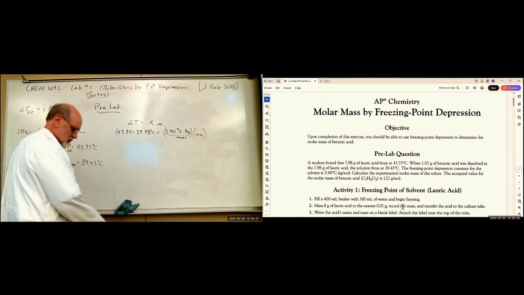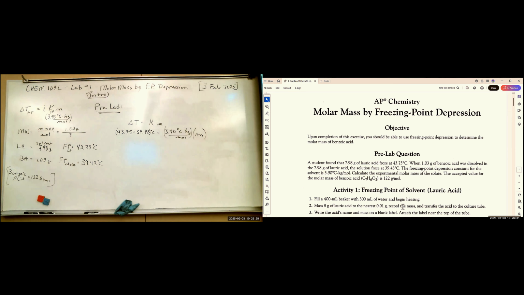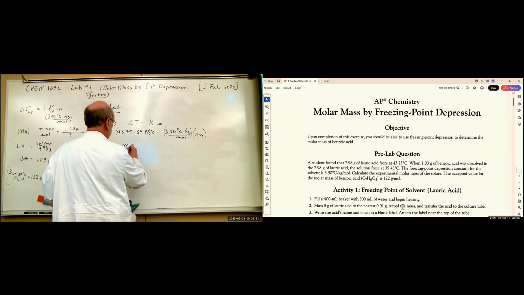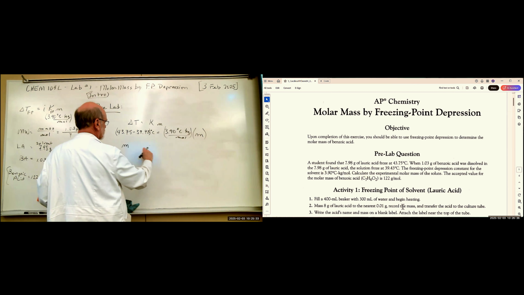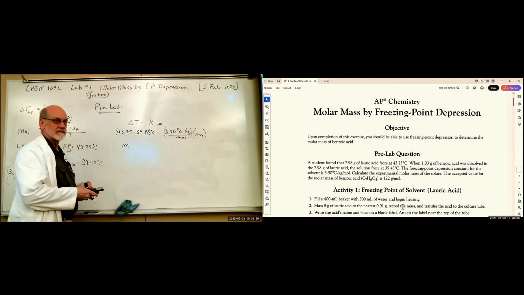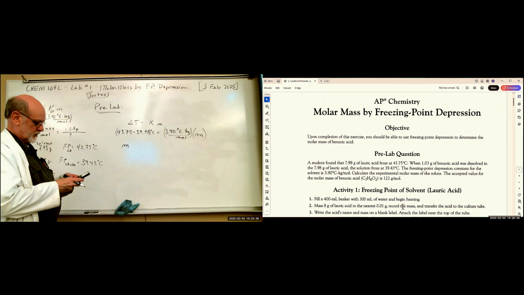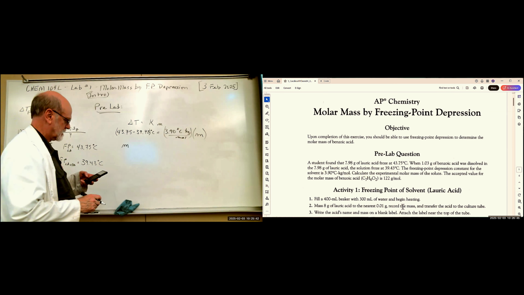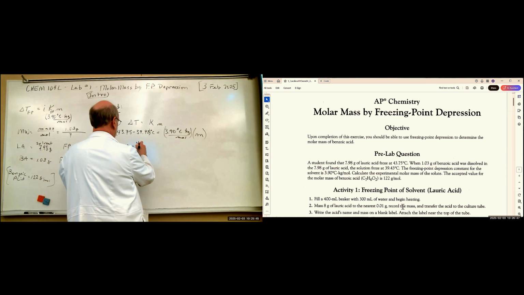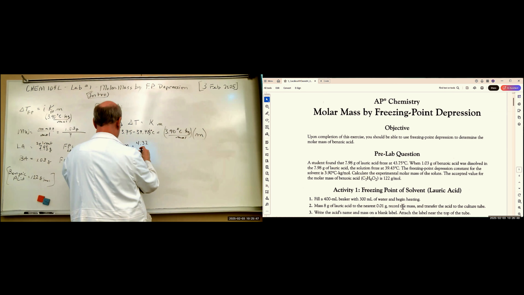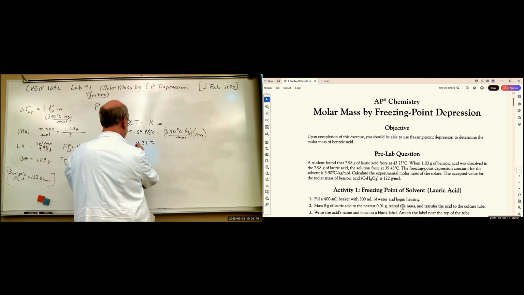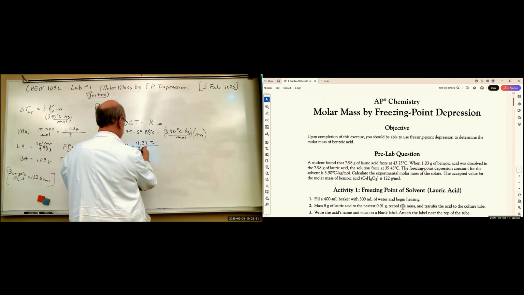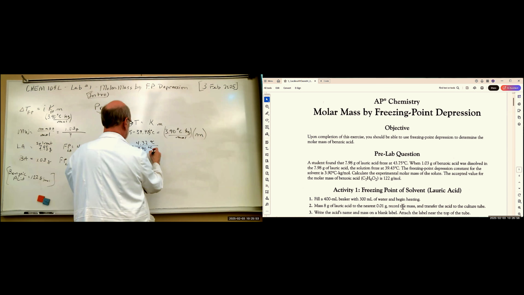Molality is this difference divided by that value. 43.75 minus 39.43 is 4.32 degrees C, divided by 3.90 degrees C kilograms per mole.